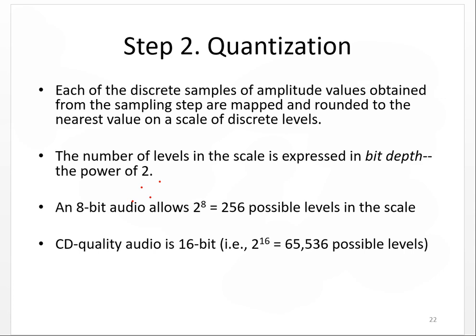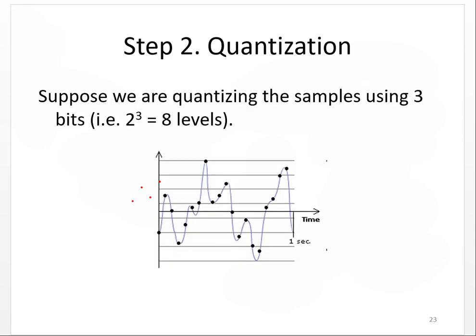So in quantization, what does it mean? If you remember, each of the discrete samples of amplitude, like if you can see, this is all amplitude. Keep in mind, this is all amplitude.